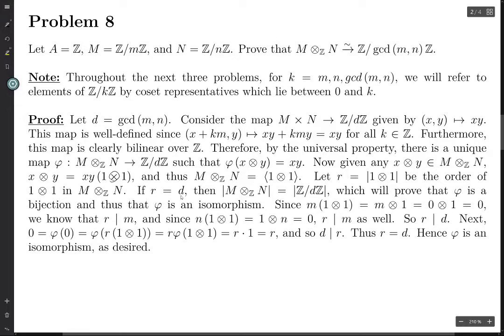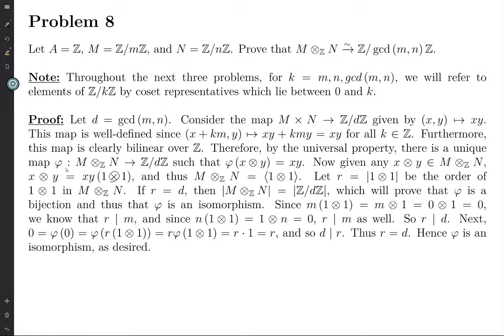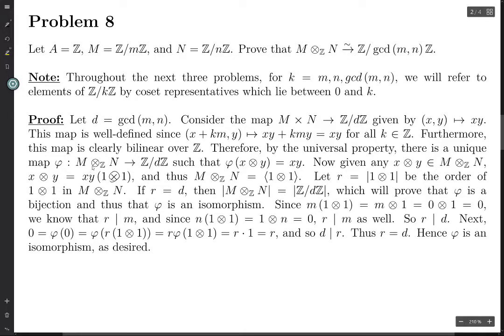And we want to prove that r equals D, because if r equals D, then these two sets must have the same size. Is phi bilinear or just linear? I think it's just linear, because the bilinearity is when you're going from Z mod mZ times Z mod nZ to here.